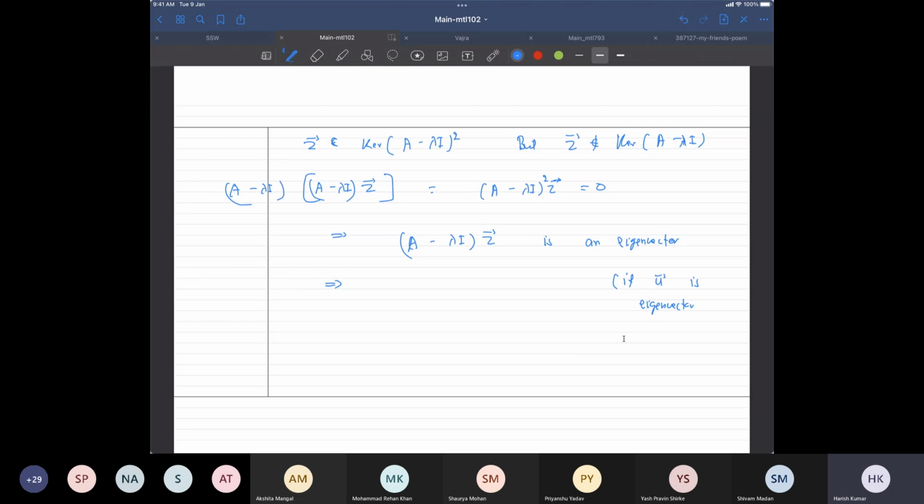Otherwise, you cannot say lambda is an eigenvalue. This is by the definition of eigenvector corresponding to lambda. So this means that A minus lambda I Z will be equal to alpha U for some alpha.